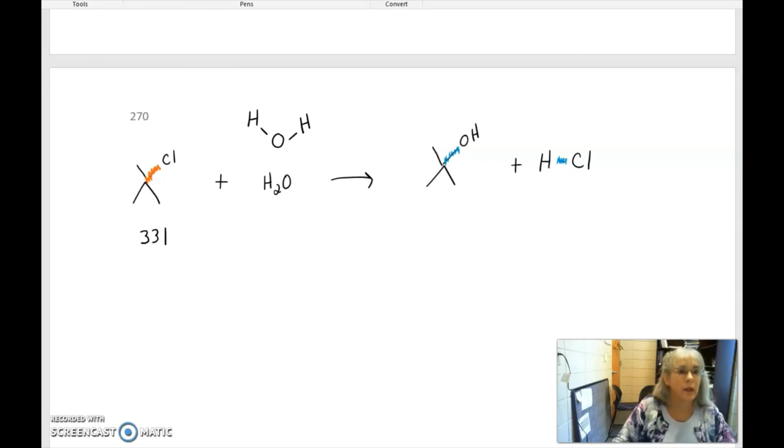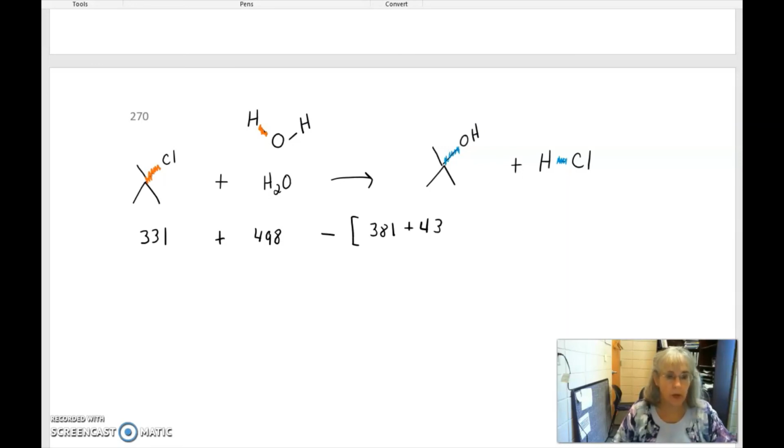So the bond that's getting broken here is a hydrogen-oxygen bond. And there is a special enthalpy for that. It's 498. It's on the table. And then we're going to subtract off 381 plus 431, and that will give us a positive 17.